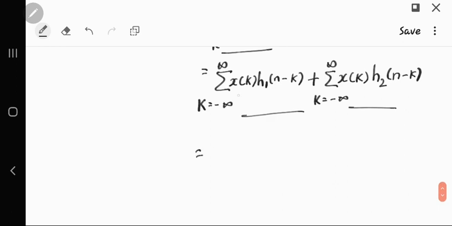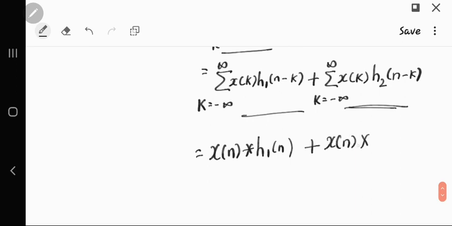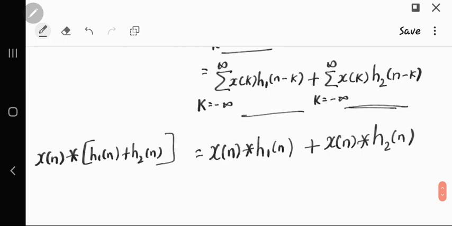So based on that, we can write this expression as x of n convolved with h1 of n plus x of n convolved with h2 of n. So the LHS, x of n convolved with h1 of n plus h2 of n, proves the distributive property.